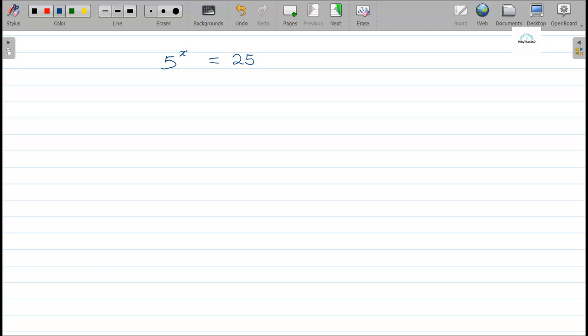So to solve this, you will write this 25 as 5 to the power 2. Then you say x is equal to 2. Or somebody will say that 5 to the power of 2 is equal to 25. Therefore, x is equal to 2. I believe that's clear.